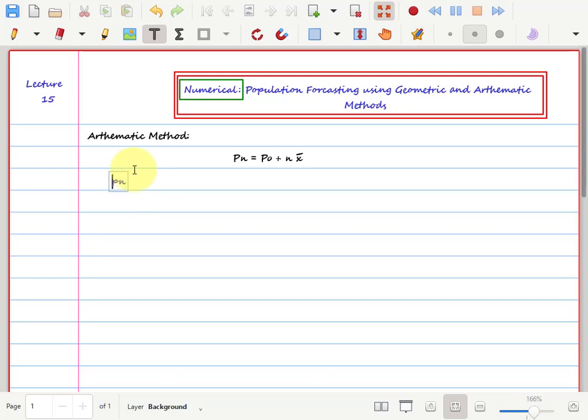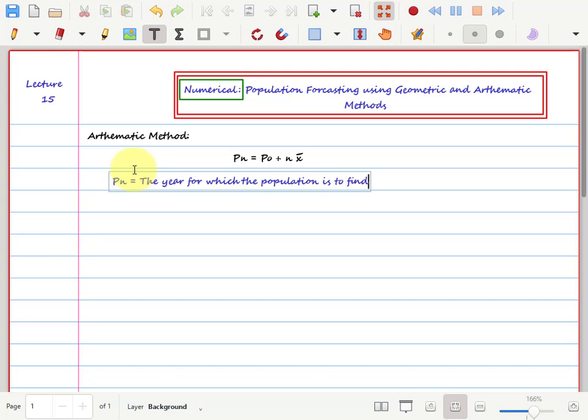Pn represents the year for which the population is to be found.